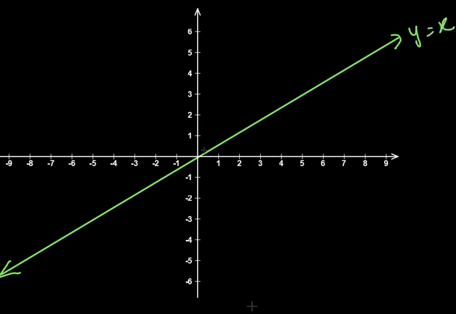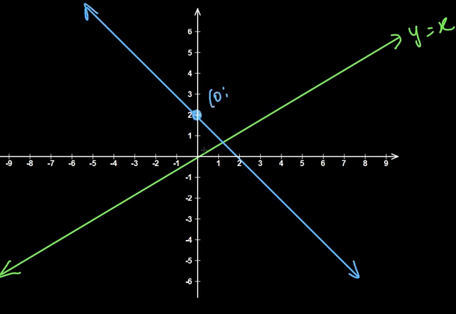If I were to draw the original like this, let's just say the original is like this, and actually we already have the equation there nicely. We're going to have the correct coordinates. So this one here, it's 0 and 2, and then this one here is 2 and 0. If this is the original, I'm just going to call it g of x. If this is the original, how can I get the inverse?